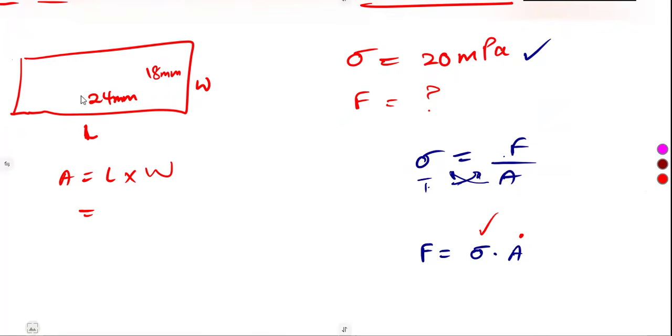So that's it. In millimeters, 24 times 18, that was going to give us 432 square millimeters, which can be converted to square meters. The reason being, as we have got the formula here, this area on our formula must be in square meters.